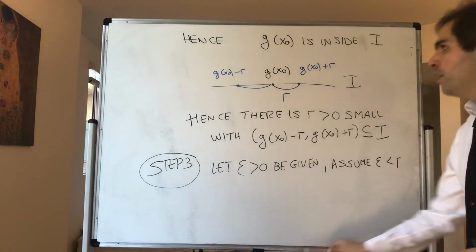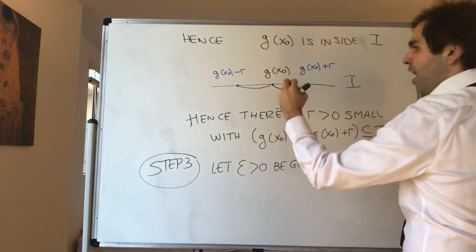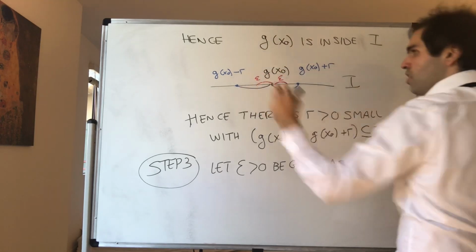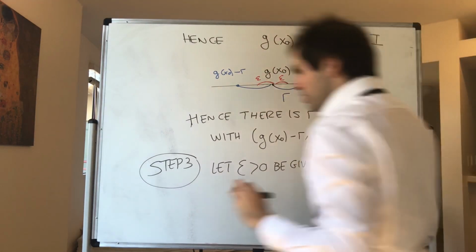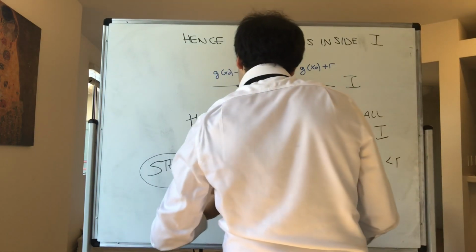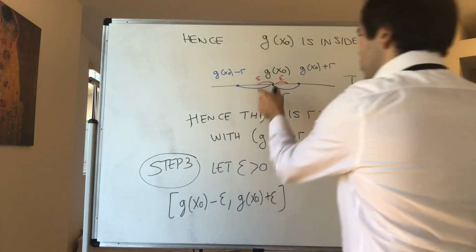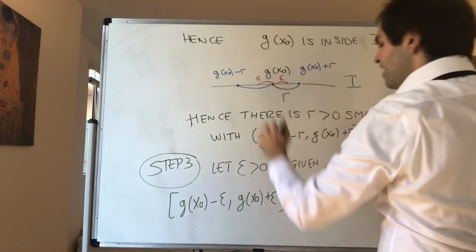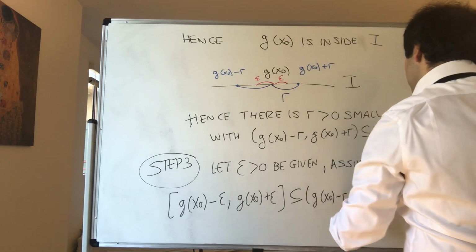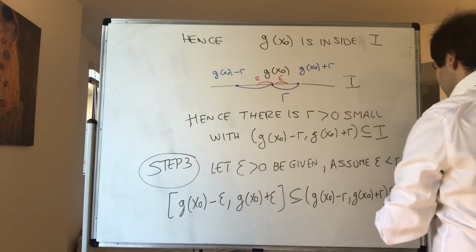Here's the point. Since the ball of radius r is inside your interval I, in particular the ball of radius epsilon is also inside your interval I. So if you take the closed interval from g of x naught minus epsilon to g of x naught plus epsilon, kind of this red ball, it's inside the blue ball, g of x naught minus r to g of x naught plus r, and that's inside the interval.